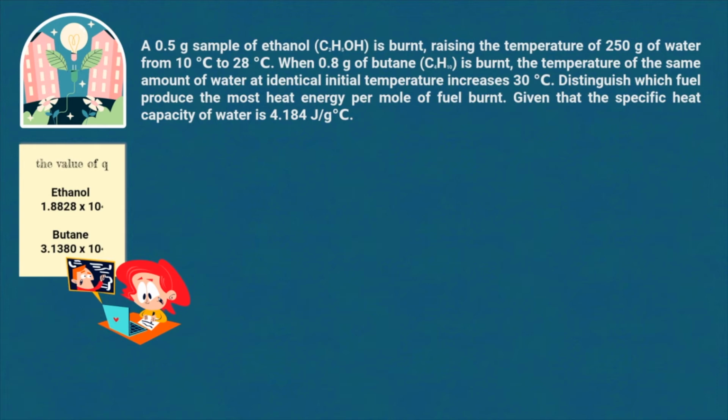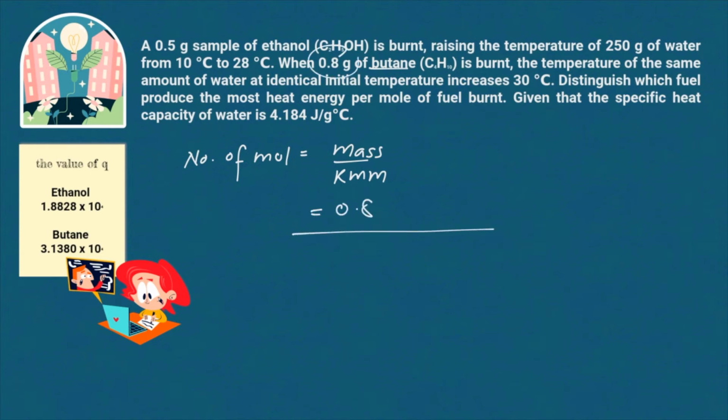Alright, now we are going to calculate the number of mole for the other fuel, which is the butane. Same goes, mass over RMM. The mass for butane is 0.8. Butane is quite simple, only has 4 carbon.